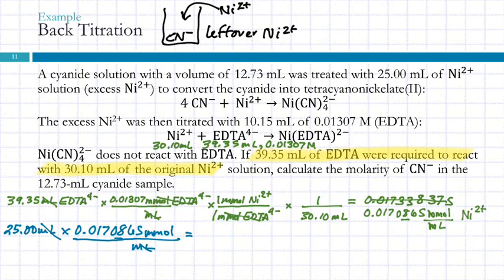So what'd you get? 0.427. Yeah, that's what I got. How many significant figures should the result here have? 4. Because 25.00 has 4 sig figs, and this had 4 sig figs. We just have a couple extras carrying along.